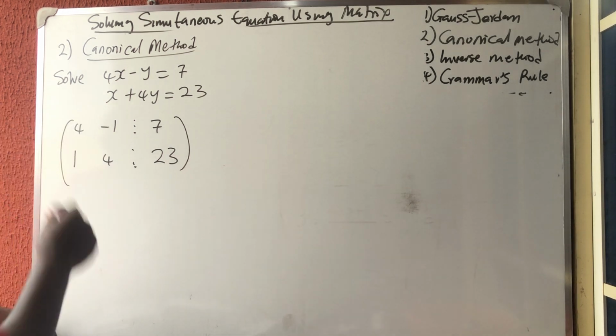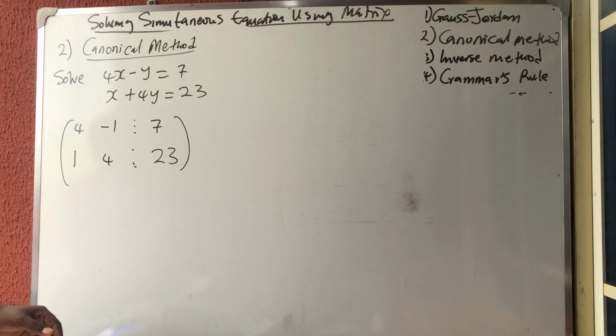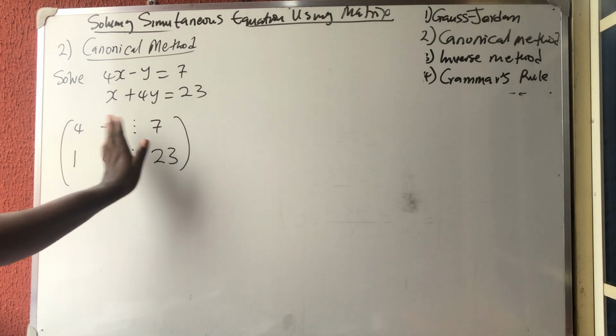Every other place will be 0. So that is what we need for the canonical method. So let us try that. We are not interested in this part, only this part.